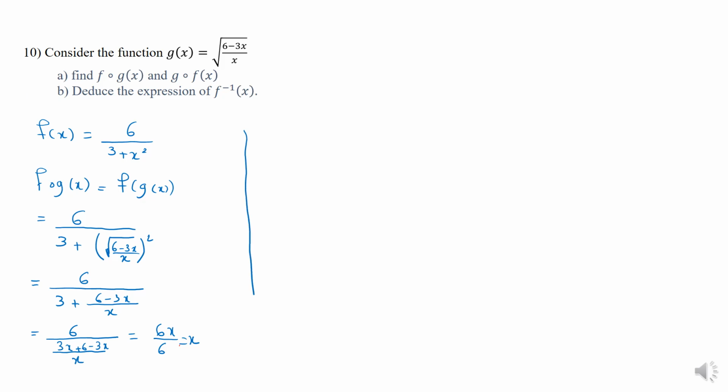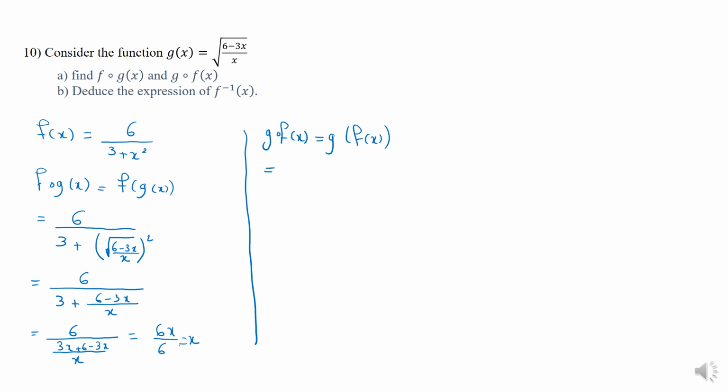Now g round f of x is g of f of x. So in the place of x, we will replace it by f of x.